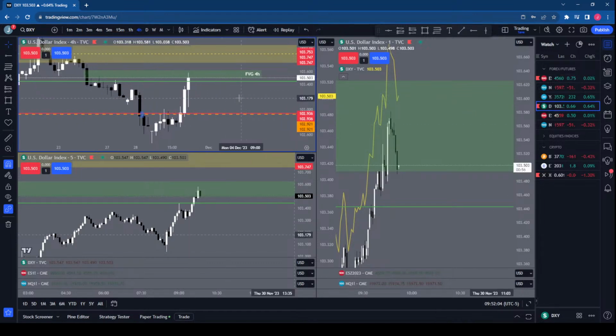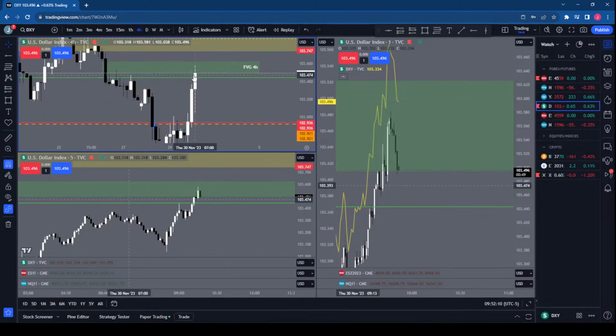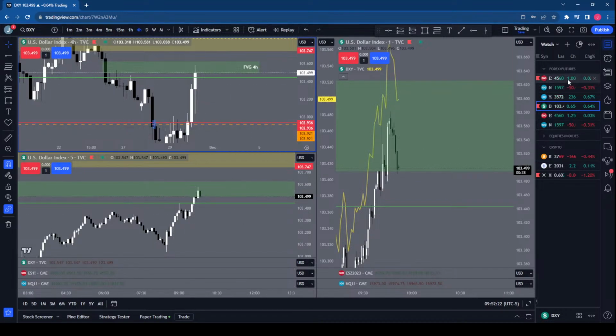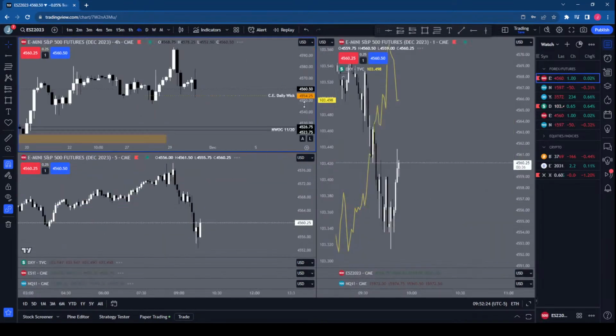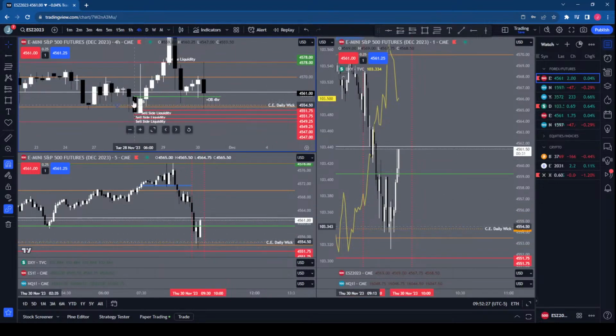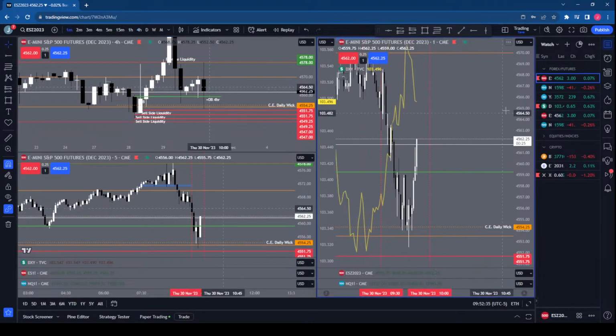Again, we have a 4-hour PD array that looks like our 4-hour candle body is respecting. 5 minutes stop at consequent encroachment. So we have a 4-hour PD array on the dollar that is pushing price lower, and we have a 4-hour PD array on the S&P, this bullish order block, that is holding price higher.